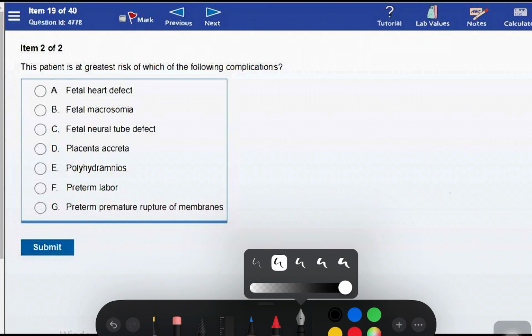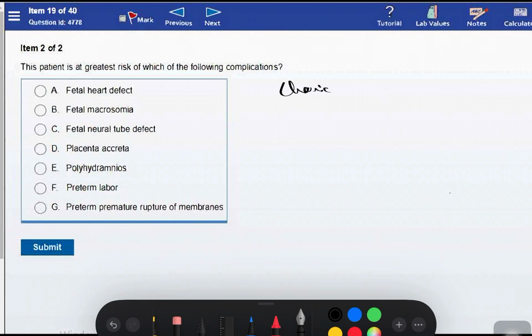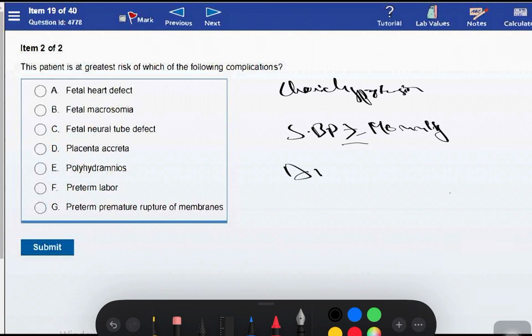As we already solved part one of question number 13, in which the patient has chronic hypertension: a 38-year-old woman comes to our office for her first prenatal visit. She has chronic hypertension, in which the systolic blood pressure is greater than or equal to 140 mm Hg and the diastolic blood pressure is greater than or equal to 90 mm Hg prior to 20 weeks of gestation.